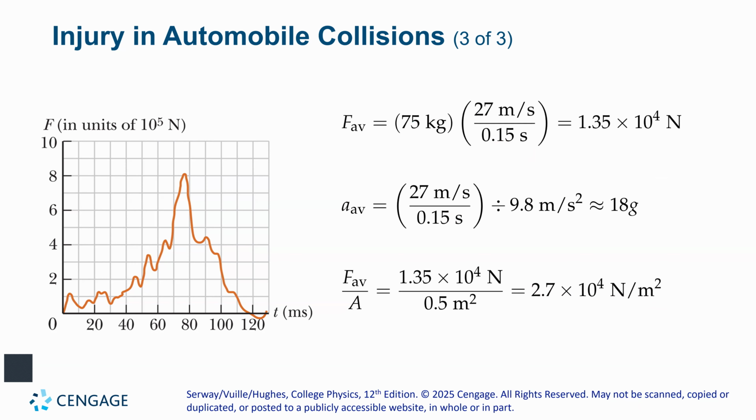There are seat belts and airbags in the car, and these are the safety measures that reduce our average acceleration to only 18 g, because they increase the total time of the person coming to a stop. Remember, it was 10 milliseconds and now it's 150 milliseconds. So these measures reduce everything by an order of magnitude.